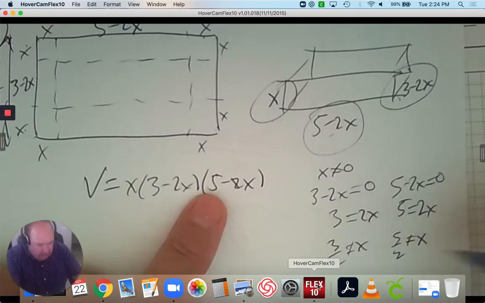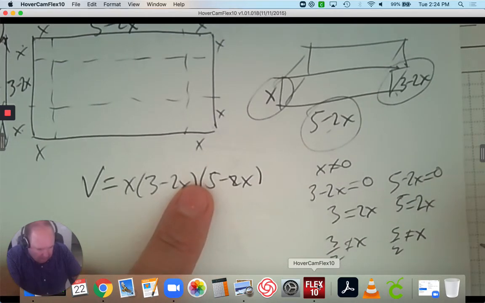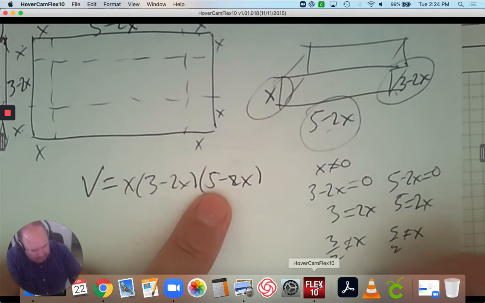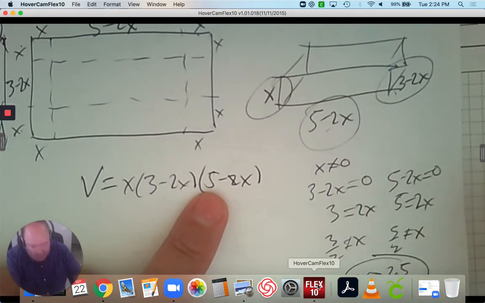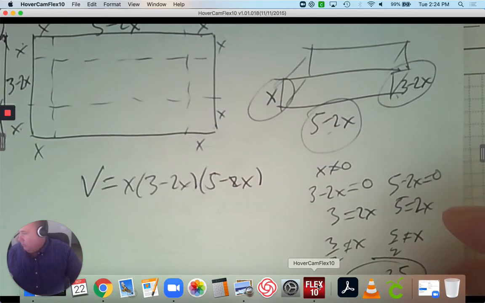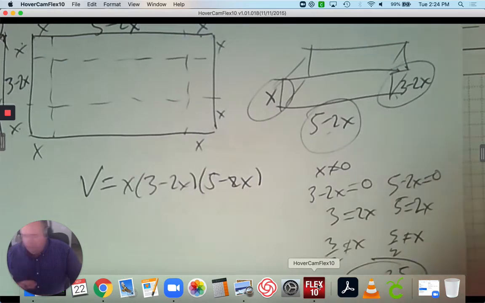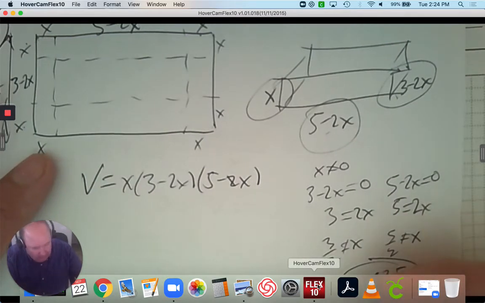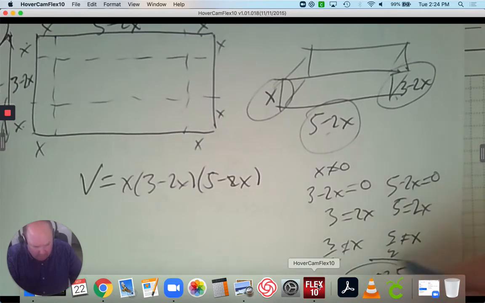So x has to be bigger than 2.5. Or sorry, x has to be smaller than 2.5, I mean, or 1.5.